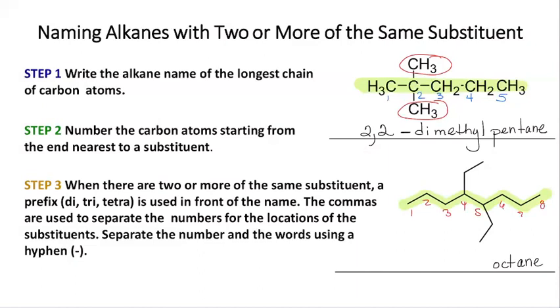Or if I do it in the other direction, 1, 2, 3, 4, 5, 6, 7, 8. In either direction, they're going to be in position 4 and 5. So you can pick either one, because they will have the same numbering. If they had different numbering, remember, start from the end that is nearest a substituent. So I'm just going to erase the red one. That'll be easier.